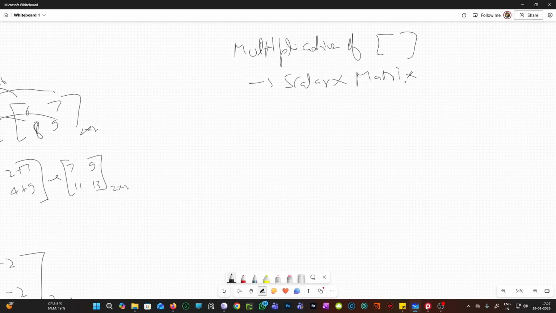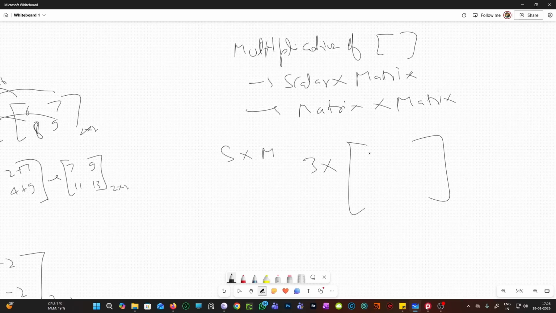And the second thing we can do is multiply a matrix with another matrix. So we have two types: scalar matrix multiplication or matrix multiplication. Let's talk about the first one, where a scalar is multiplied by a matrix. Let's say we have a scalar value of 3 here and a matrix that looks like this: 2 3 4 5 6 and 7.